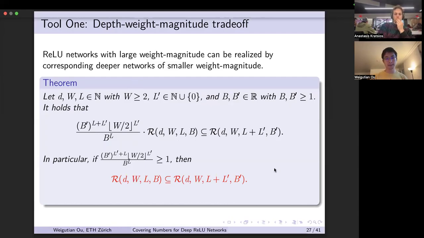Here you can see in the red part, on the left-hand side is a shallow network but with a greater weight magnitude. And on the right-hand side is a deeper network of depth L plus L prime, but with a smaller weight magnitude. Here, B prime is chosen to be 1 in our case. So this is the first ingredient, the first tool.